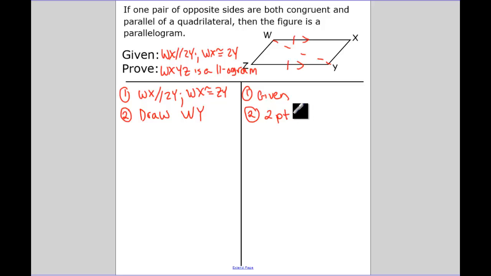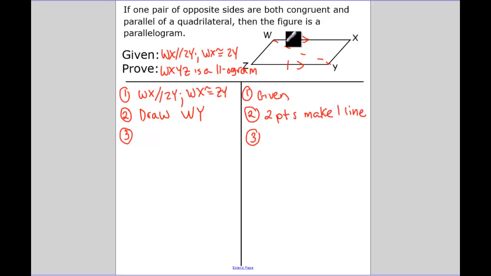We know that any 2 points make a line. So that's how I know that I can connect those 2 points to make a line. Now the reason that I did that is I'm going to try and prove the top triangle congruent to the bottom triangle, because I already have sides congruent. I have ZY congruent to WX.